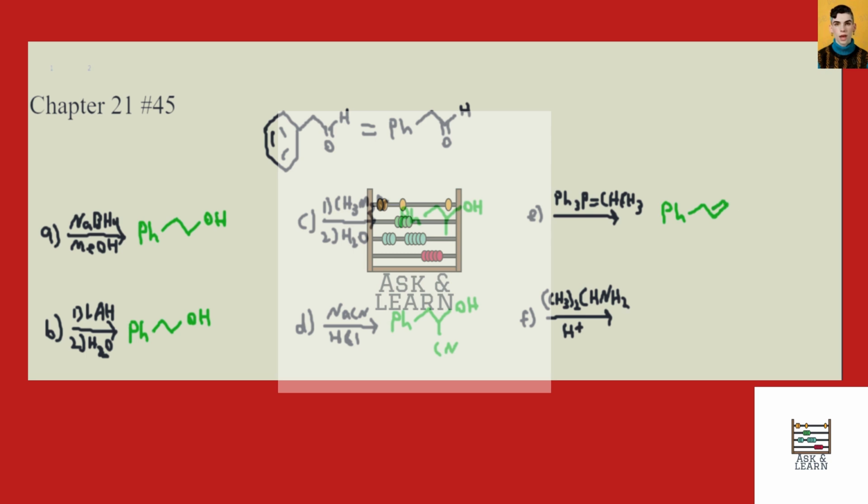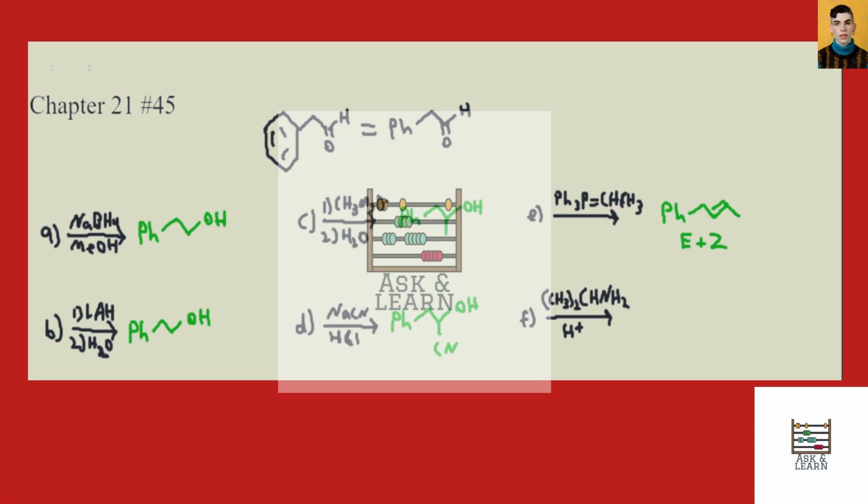And then we add the 2 carbons that are on our Wittig reagent. So 1, 2, 3, 4. So this is going to be our product right here. And remember, we would get E and Z isomers. So we can just indicate that we would get both E and Z.